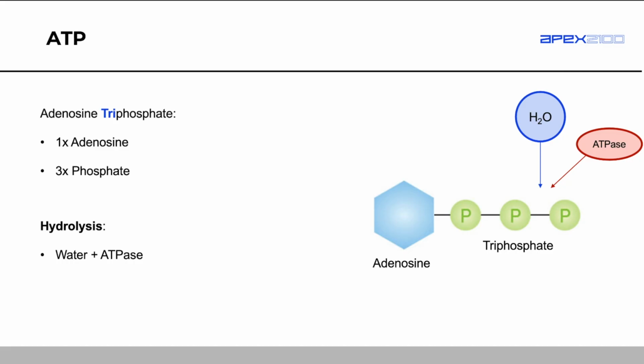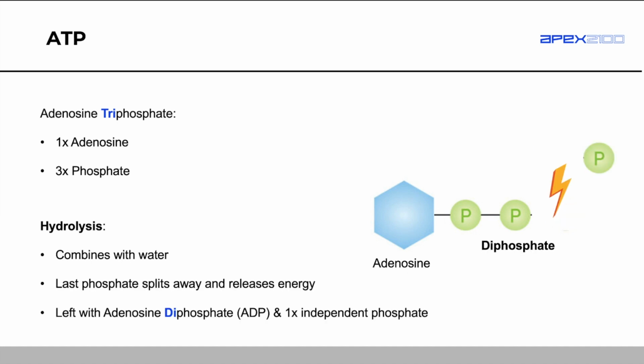So water plus this particular enzyme cause that third phosphate to break off and produce energy. So that's actually how ATP works to create energy. It's the breakdown, the hydrolysis of this ATP molecule, which then combines with water. The last phosphate splits away and energy releases.